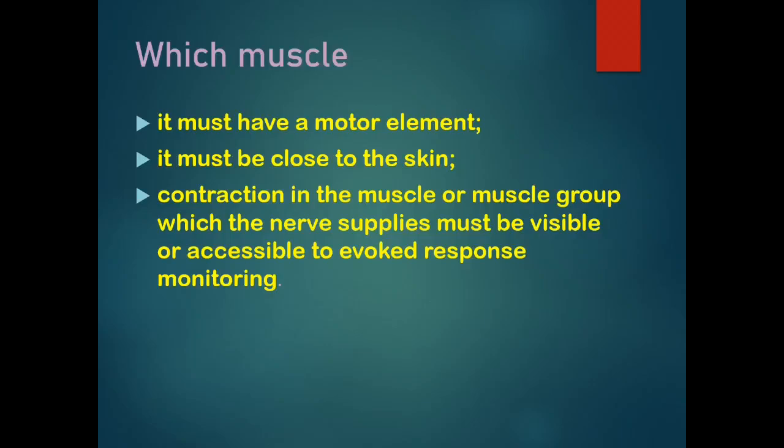And the contraction in the muscle or group of muscles which the nerve supplies must be visible or accessible to evoked response monitoring. In simple words, the nerve should supply a muscle which has a motor element, and once it's stimulated, you should be able to visualize the response by producing a muscle contraction.